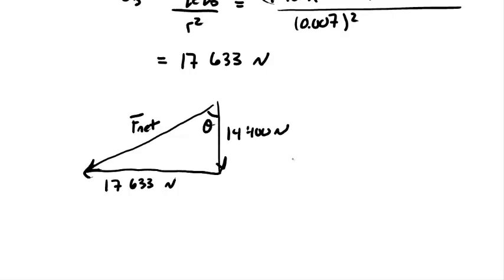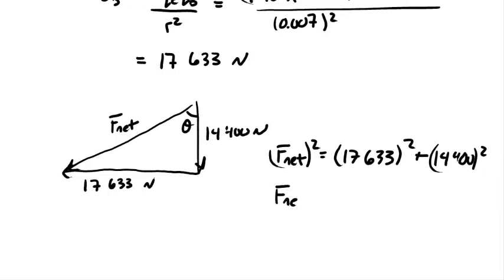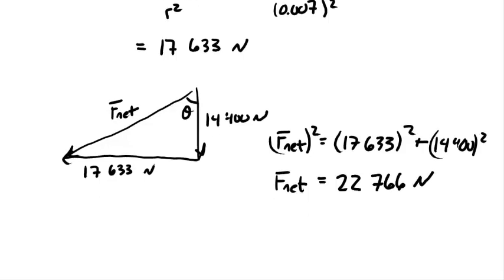So since this is a right angle triangle, I can use the Pythagorean theorem: F net squared is equal to one side squared plus the other side squared, and we solve for the net force of 22,766 newtons, and we are going to need an angle here.